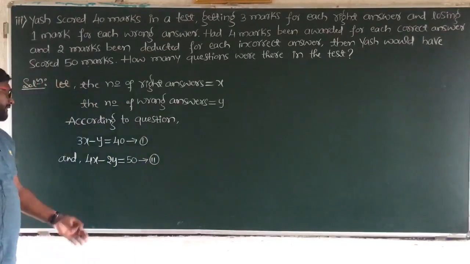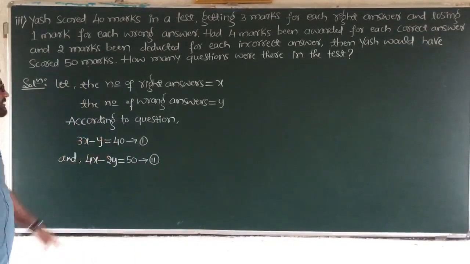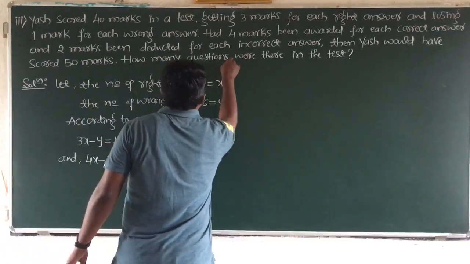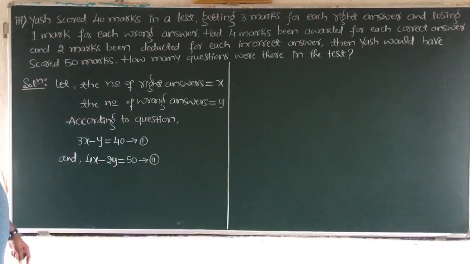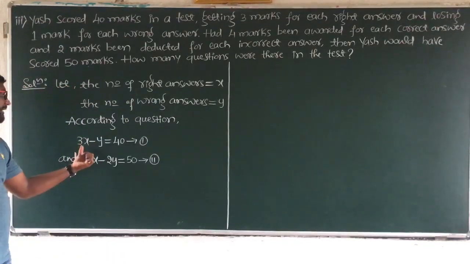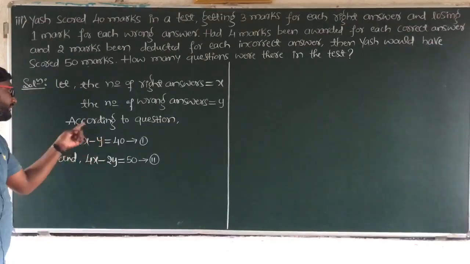So here we have got both the equations. Now we have to solve these two equations in order to get the values of x and y. In order to make y equal, we have to multiply each term by 2, so that we get 2y here.